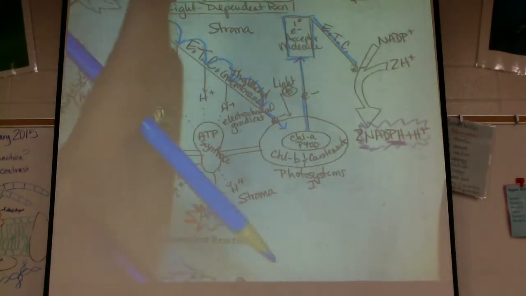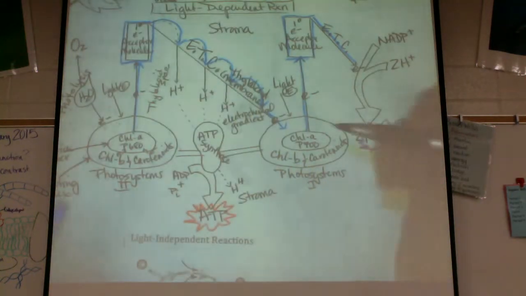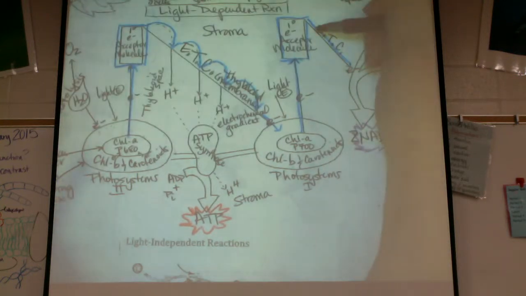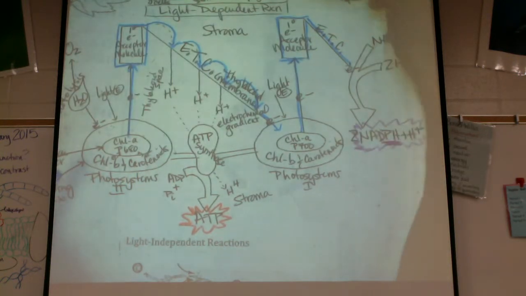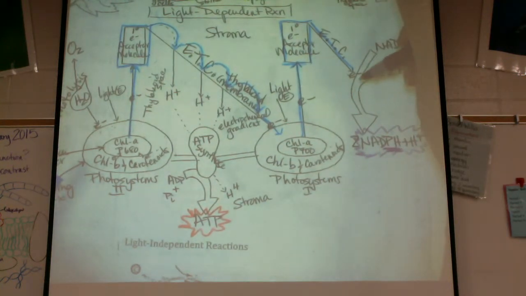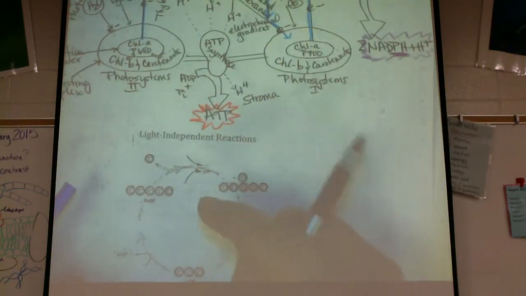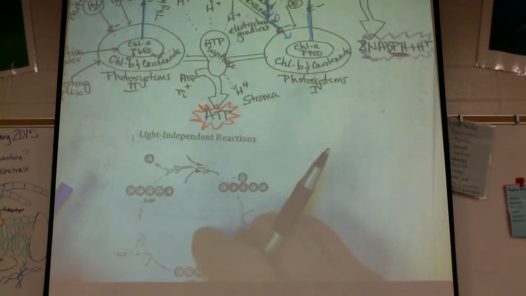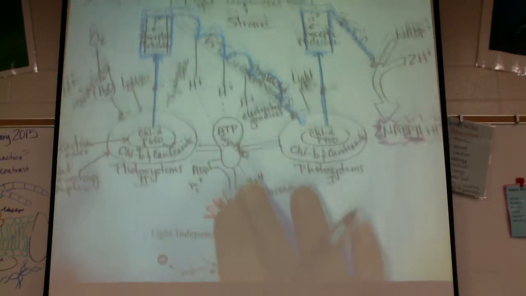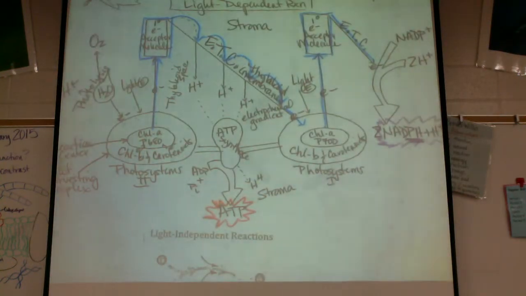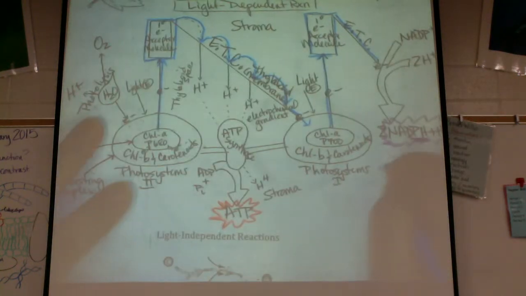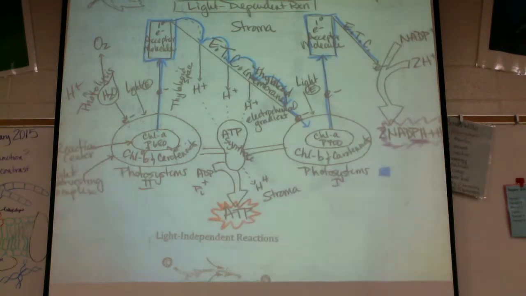So, in photosystem 1, you've got some more excitement going on, still going to a primary electron acceptor molecule, down a different electron transport chain that makes NADPH plus H's to be able to transport those electrons to do the reduction phase of the light-independent reactions, also known as the Calvin cycle.